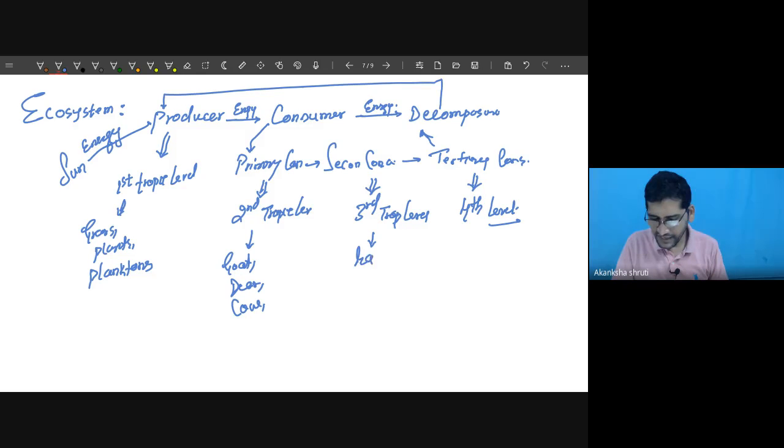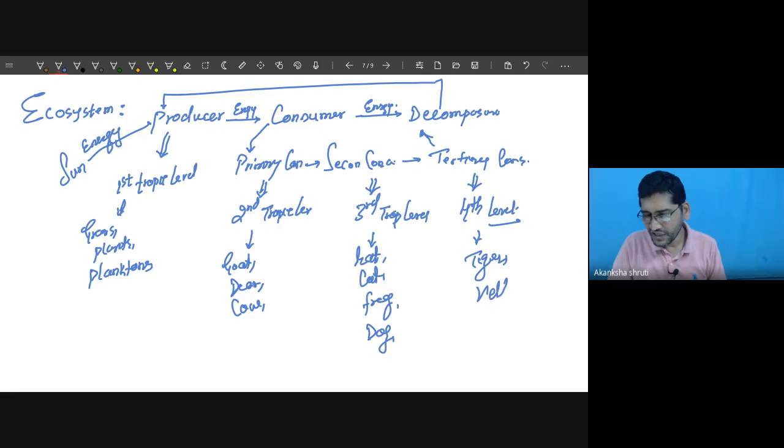Secondary can be our rat, cat, frog, dog, etc. The fourth and the final one: tiger, vulture. These levels are important. Sometimes an example is also asked, which one is falling in which trophic level. Owl, eagle, etc.